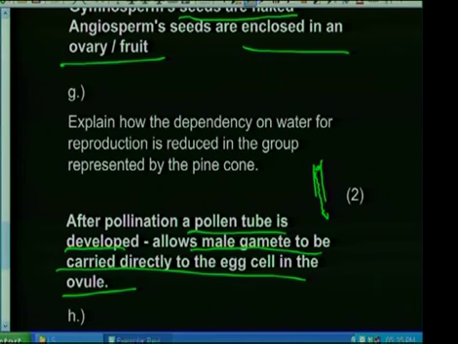There's no water necessary in this process. The pollen grain simply moves down that pollen tube to fertilize the ovum. Whereas in the plants before this, the ferns, the bryophytes, etc., water was essential for fertilization in the plants that you learned before this.